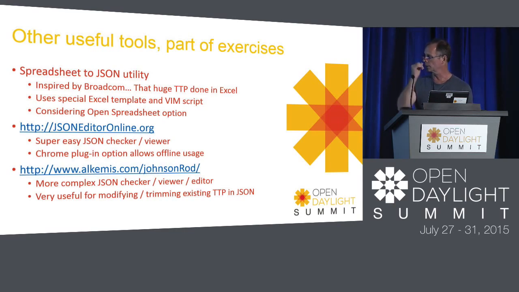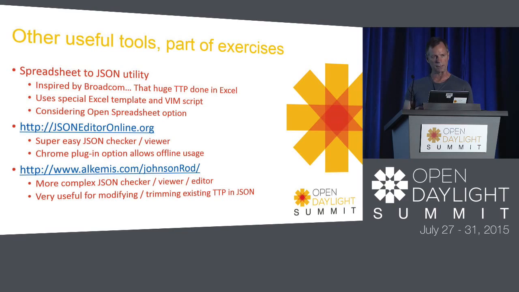There's some other nice tools. So I mentioned that we are looking at potentially implementing the same idea using a more platform-independent option. There's also something if you want to check your JSON, which we're often wanting to validate something quickly.